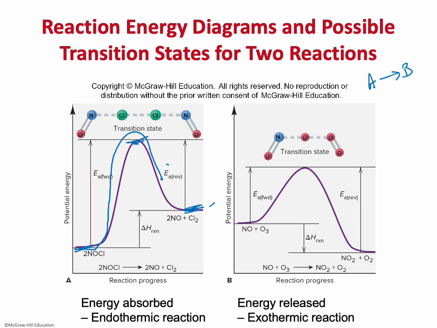This state where the energy is the highest is called the transition state, or the activated state. The reason is that here the energy is really high, which simply means the molecules are activated.